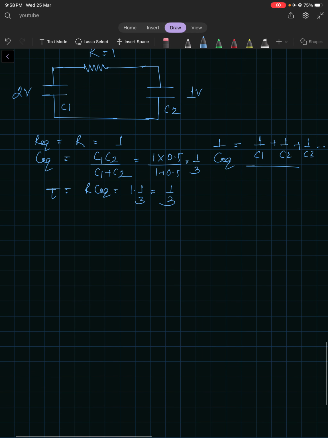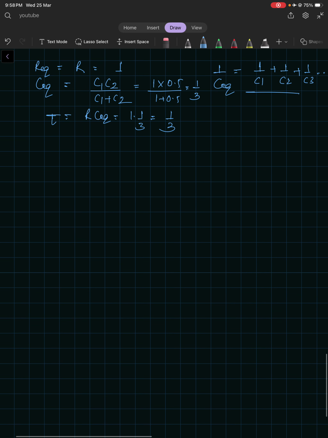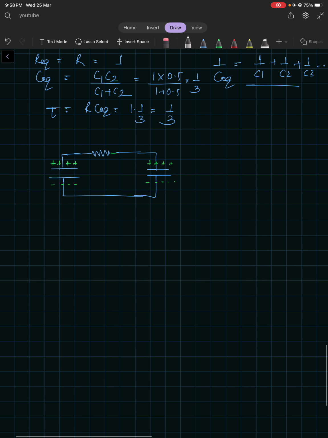Now let's go for the final values, the steady state value. How do we find the steady state value? In steady state, the capacitors will be charged and there would be no current actually flowing in the circuit.